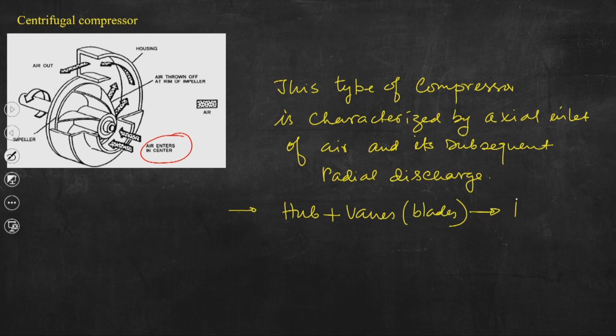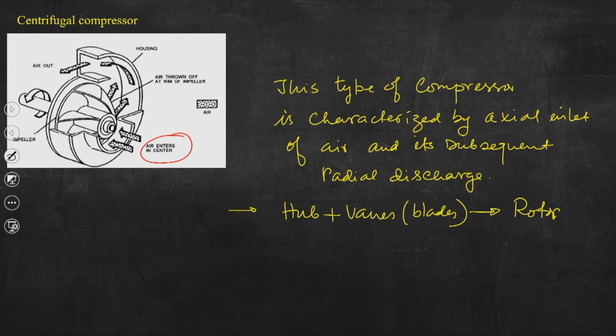As I said, this hub plus vents or blades is known as the rotor of the compressor, and it has a group of diffuser vents, while the total pressure rise is equally shared by these elements.